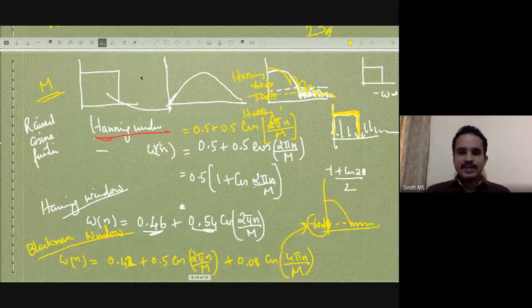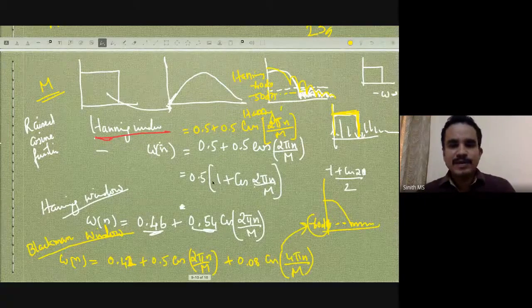With this we can stop today's class. Today we have seen FIR filter design. We are given specifications like pass band and stop band frequencies and ripples. You can find the order required and the cutoff frequency, and from that design h(n) using a suitable window which suits your need.